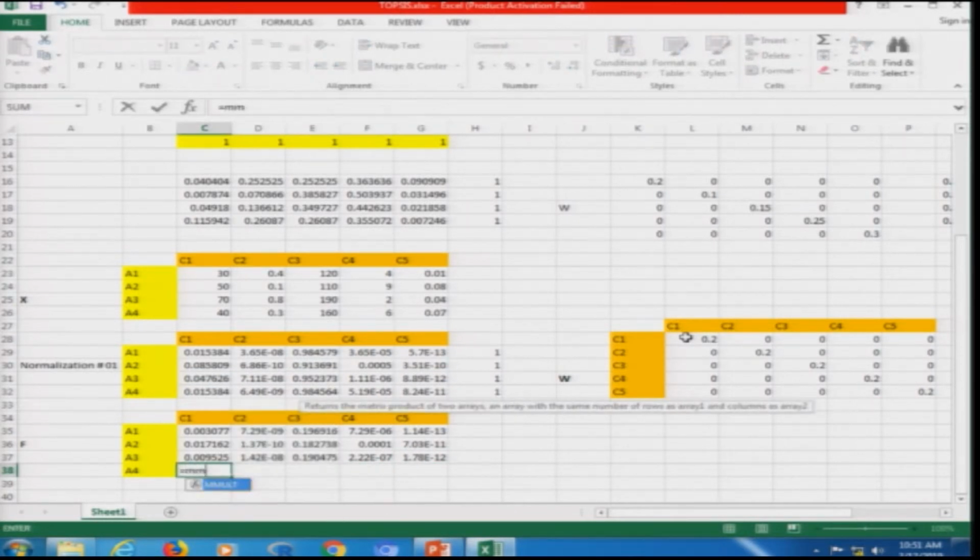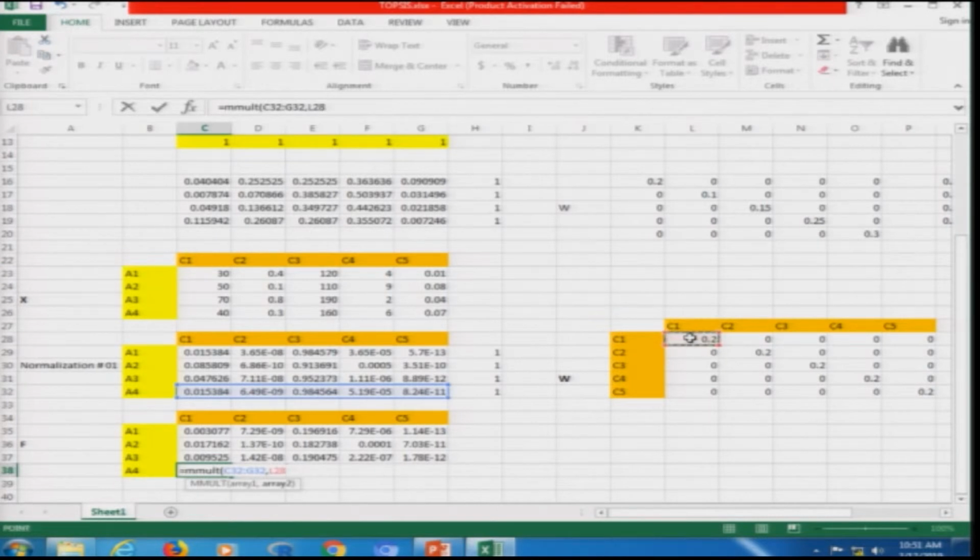Finally, it is the last row multiplied by each corresponding column. Last row is basically the fourth alternative. Let us freeze the values.